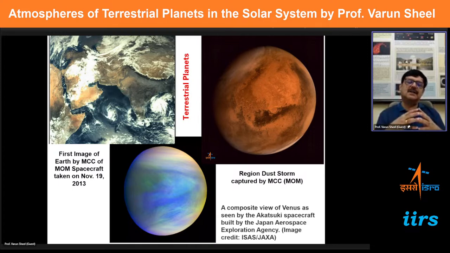But what is shown here is the study on the atmosphere, and this is a composite view of what it would look like. So these terrestrial planets have similarities and differences to each other, and more importantly, we would like to understand, because they were once supposed to have an Earth-like atmosphere, what is there currently.